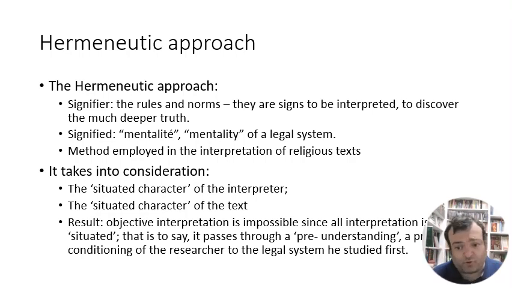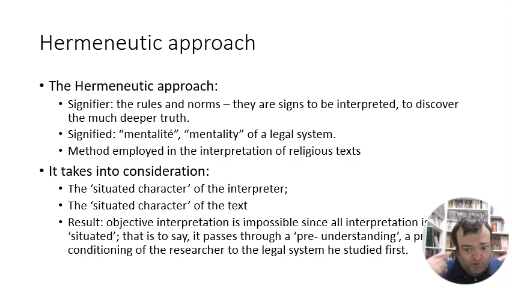Now, within this current, the current of the cultural approach, we can speak specifically about the hermeneutic approach by Pierre Legrand. Hermeneutic is a word used to describe how usually religious texts are interpreted.